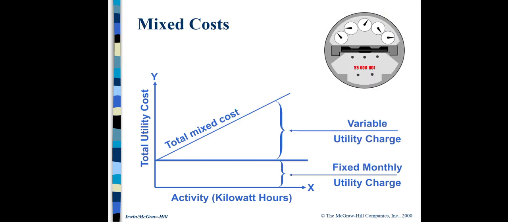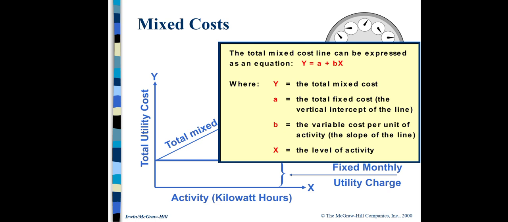Okay, next. The total mixed cost line can be expressed as an equation. Y equal to A plus BX. Y is the total mixed cost. A is the total fixed cost, the vertical intercept of the line.